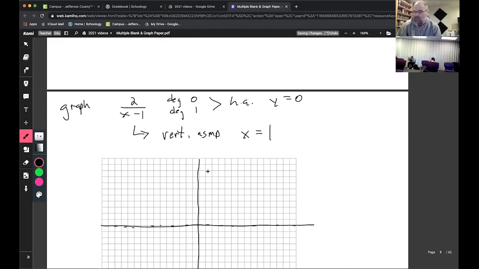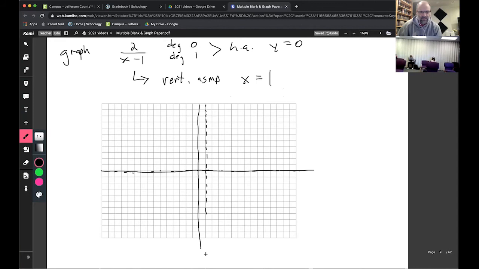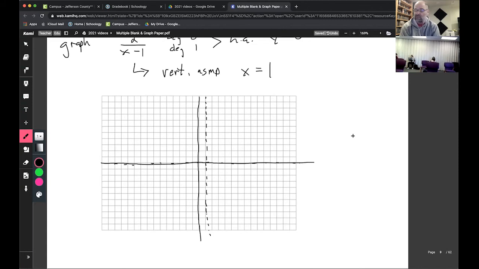So over here, we're going to put another asymptote right here. See, that's where x equals 1. Since the numerator and denominator have no common factors, then x equals 1 is our vertical asymptote.